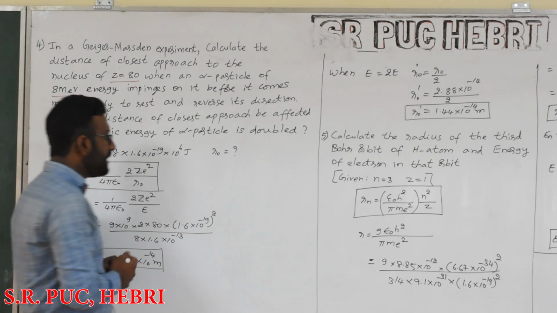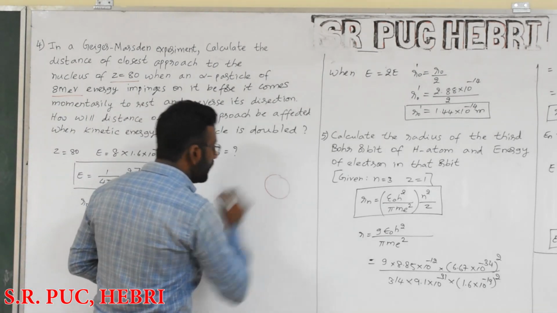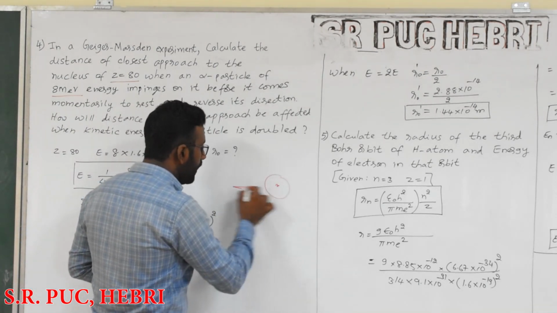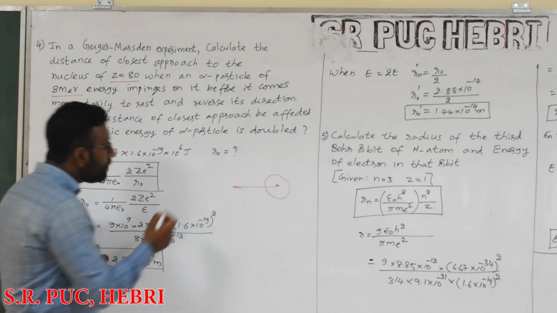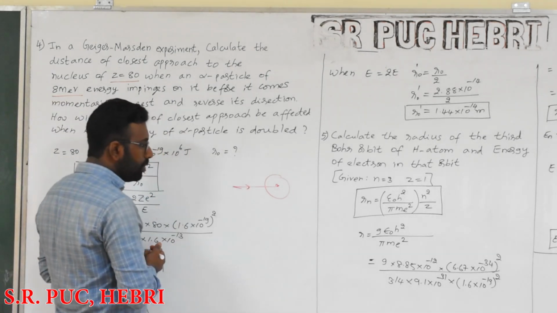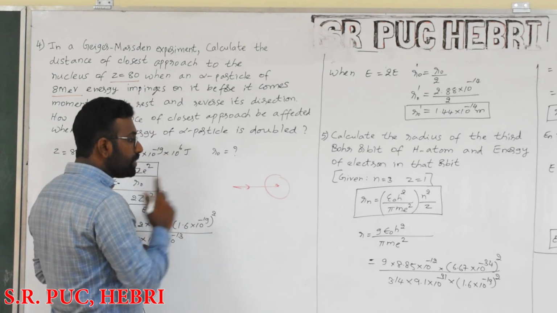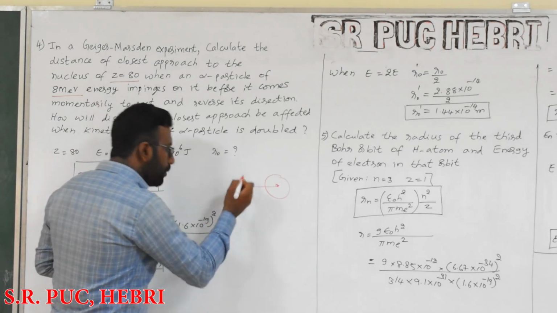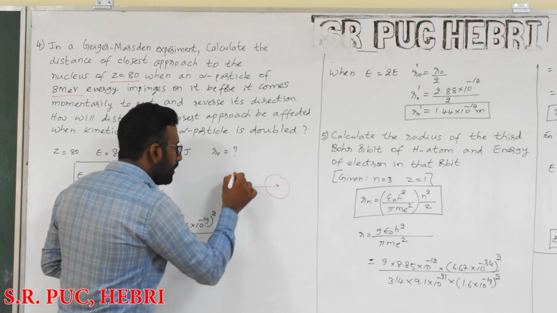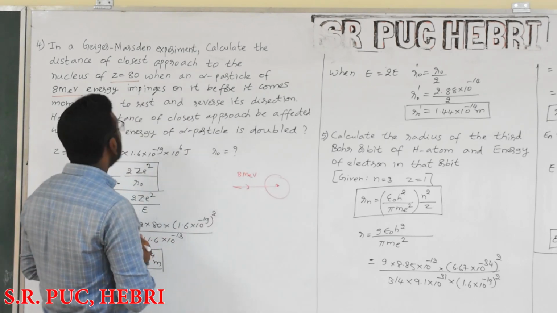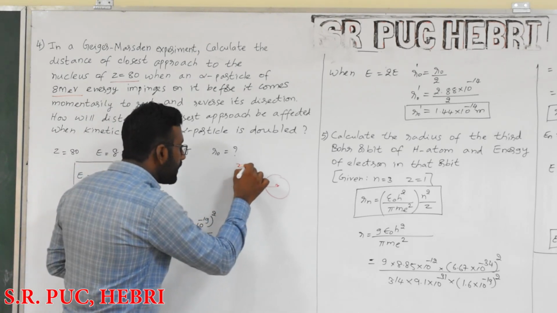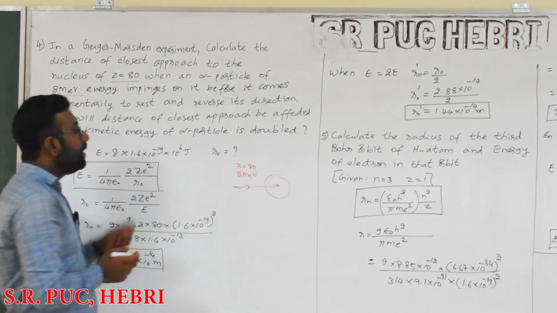Now the problem is very simple. We have a nucleus over here, and you have seen in the Geiger-Marsden experiment, the alpha particle comes close to the nucleus. The question they have asked here is, you have an alpha particle with energy 8 mega electron volt, and the nucleus has atomic number 80.